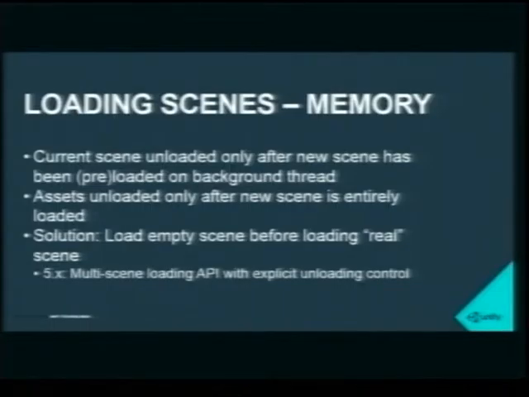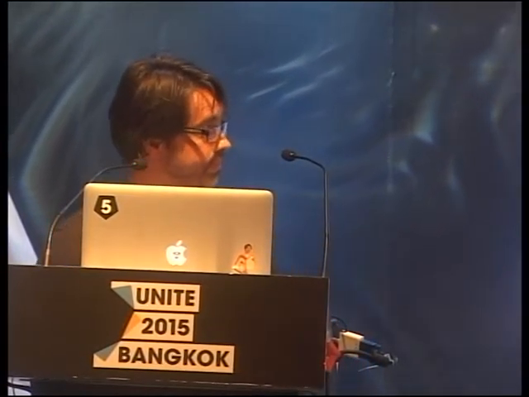The downside is that you may end up unloading assets that are used by both the old scene and the new scene. One thing you will get later in the 5.x cycle is a new API for loading and unloading multiple scenes. There you can unload an existing scene with a single API call, and that will make the whole transitioning process from one scene to the next quite a lot smoother.